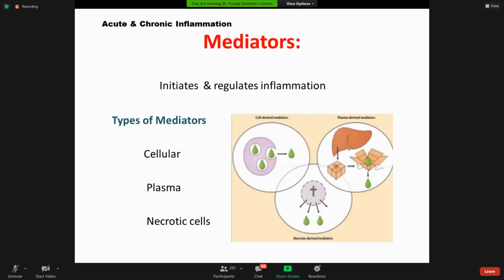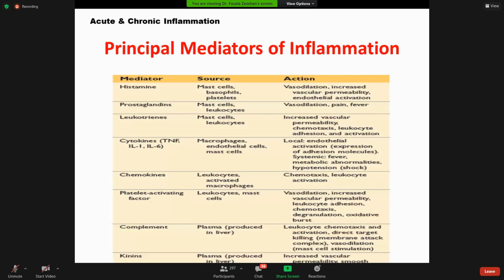Mediators play a very important role in inflammation; they start inflammation and they regulate inflammation. They are cellular, plasma, and necrotic cells. So these are the principal mediators. It is very important that you should know the names of some.